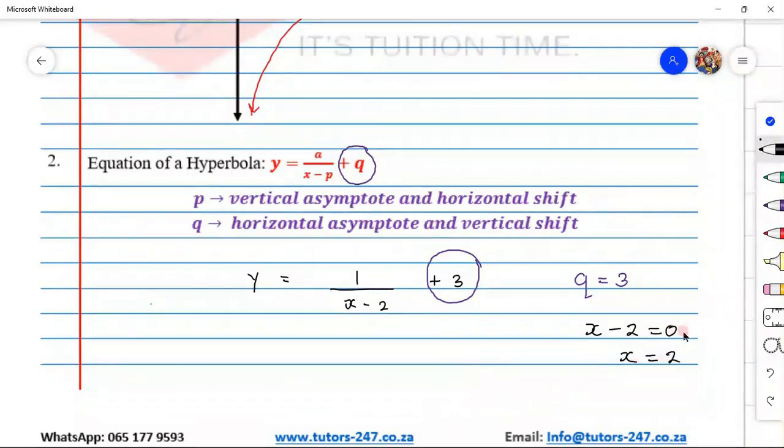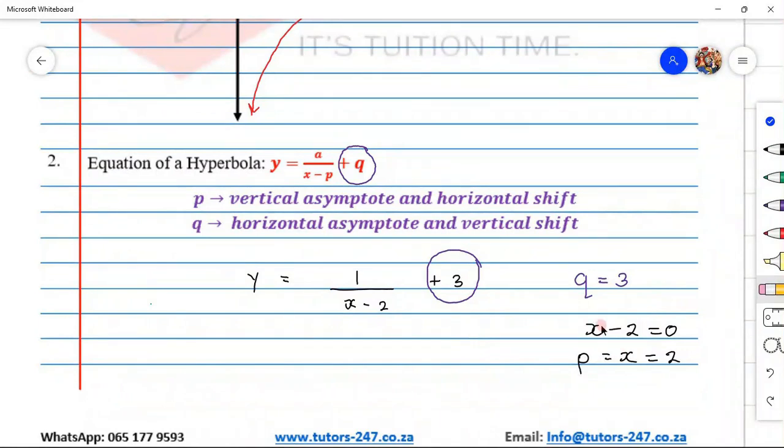So that is an alternative way of extracting our p-value. So therefore, because x equals 2, that's the value of our p. An alternative way is to just extract the opposite sign always. So if you have x minus 2, your p-value would be positive 2. If you have x plus 2, your p-value would be negative 2.